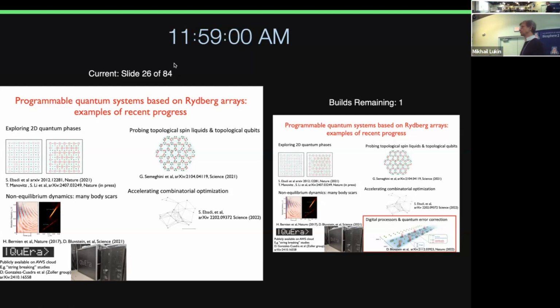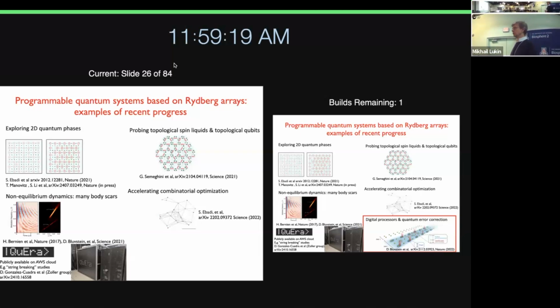Do you guys explore resonant Rydberg interactions on your system, or is it worth the increased interaction strength, or is the blockade a good balance? So the question is basically the following.